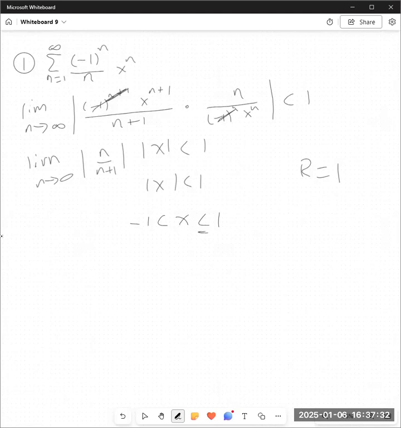If x is -1, then this is 1 over n, which is divergent. So my interval of convergence here is going to be -1 not included to 1 included.